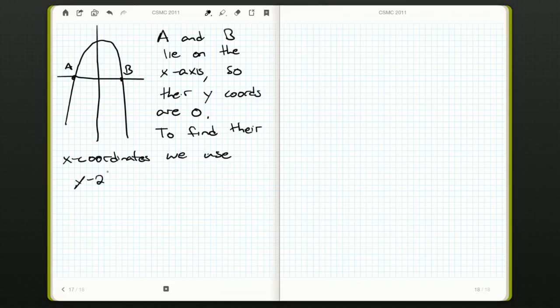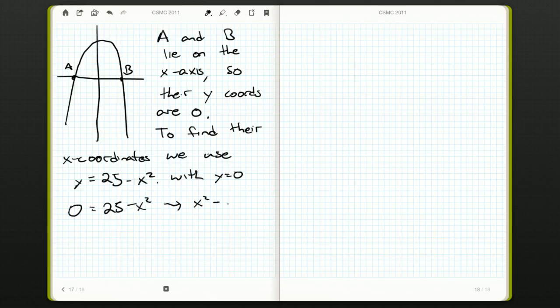They lie on the parabola, so their x and y coordinates must satisfy the relationship that y is 25 minus x squared. But we know that y is going to be 0. So 0 is the same as 25 minus x squared.